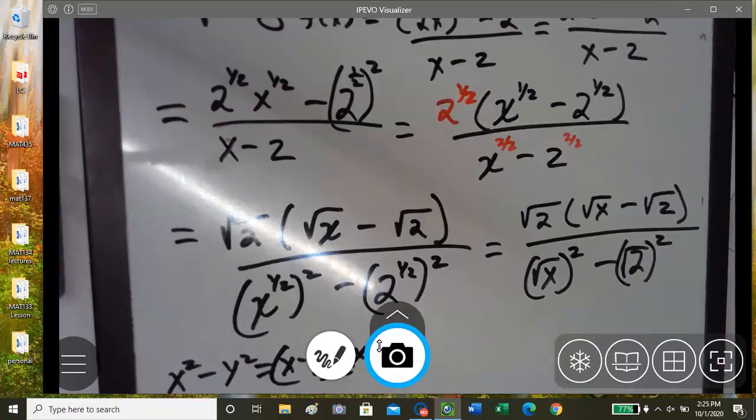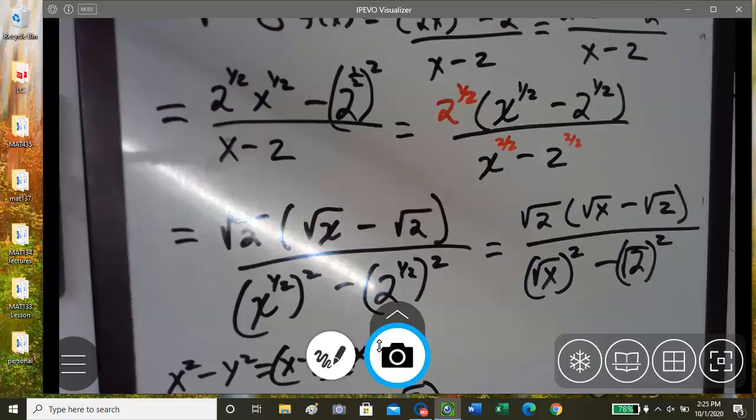So this will be the square root of 2 times the square root of x minus the square root of 2 over, so these two get factored out, (square root of x minus the square root of 2) times (the square root of x plus the square root of 2).